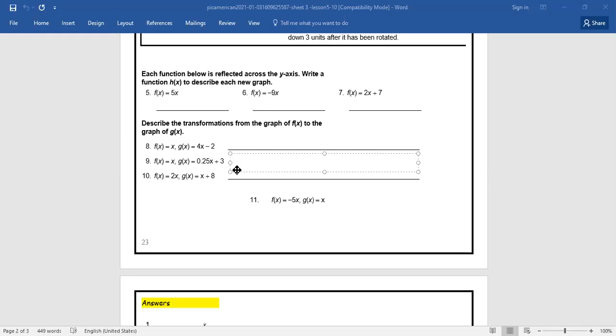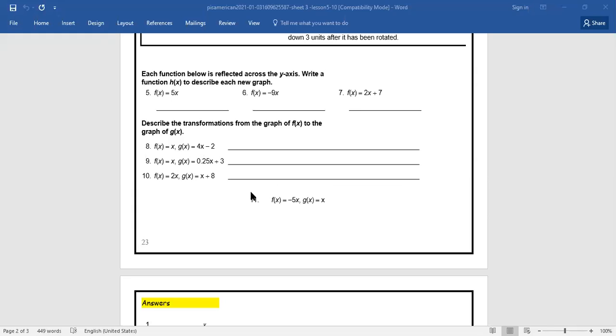Okay, the next question, the last one: f of x equals 2x, g of x equals x plus 8. What happened in this one? 2x becomes x plus 8. What do you notice about the slope? It was 2x and then decreased.